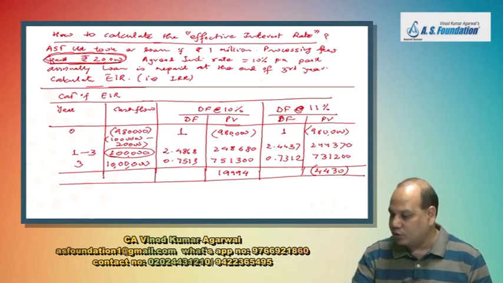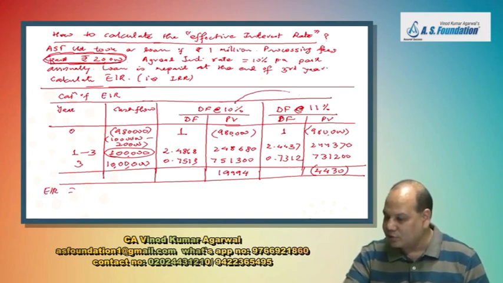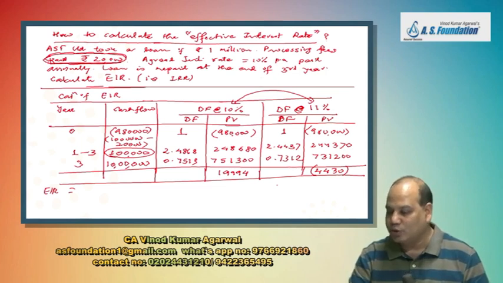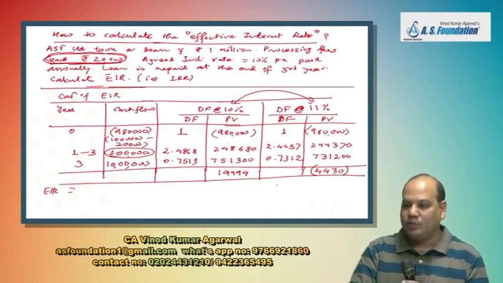Okay, now you have got one positive, one negative. So your EIR will be equal to, first it means if you have written the cash flow in this fashion, it means your IRR is somewhere between 10 and 11. At 10% it is positive, at 11% it is negative. We want to reach 0 so that PV of cash inflow and outflow will be equal.